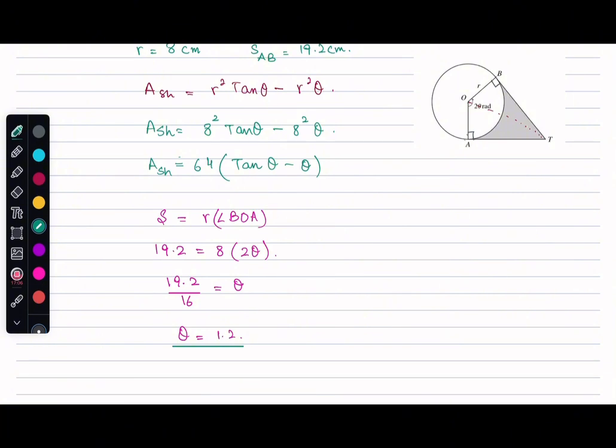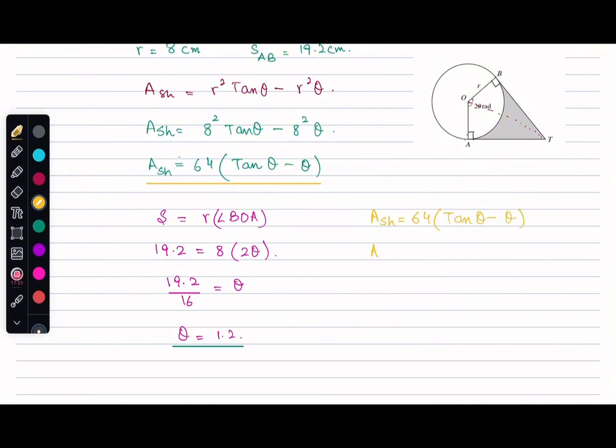I can just substitute this theta value in the shaded area equation. So the area shaded shall be equal to 64 times tan theta minus theta.